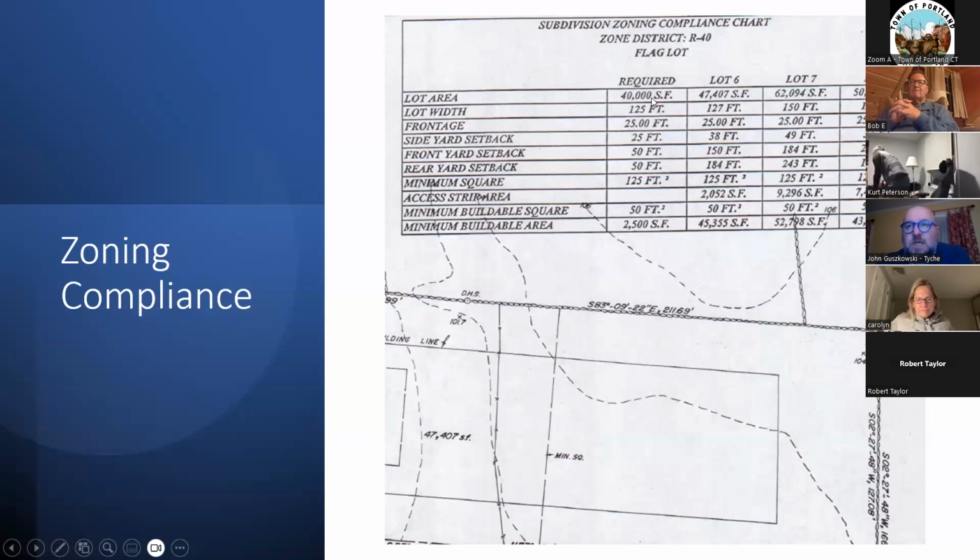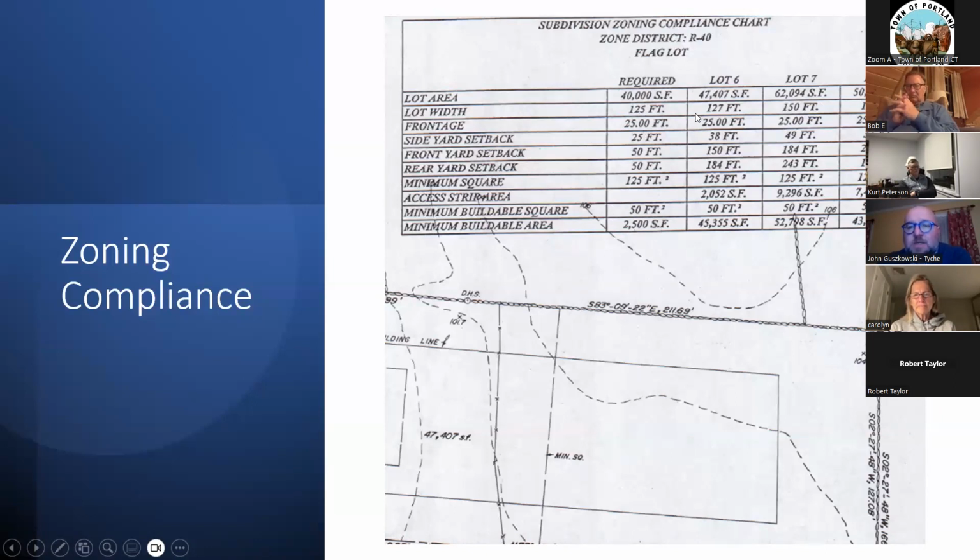You see the different dimensional elements, what's required. It's basically a 40,000 square foot, like a 1 acre zone, and each of the properties meets that or exceeds it. It needs to have a minimum lot width, minimum frontage, setbacks for structures, a minimum buildable square, and minimum buildable areas.